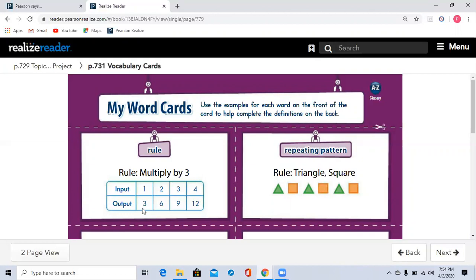For instance, if we have a shape placed next to another shape, like in this example, we've got a triangle and then a square, triangle, then a square, triangle, then a square, then obviously our next figure will be a triangle and then a square. The rule will be triangle, square, triangle, square.